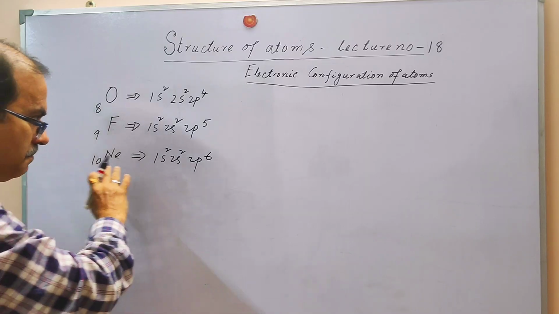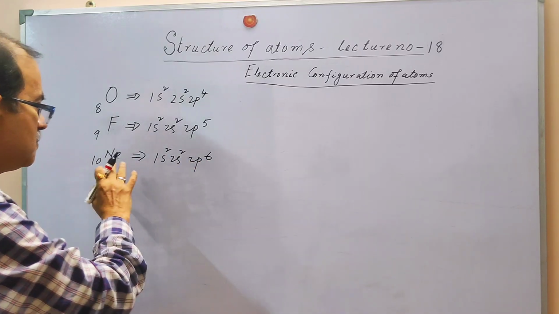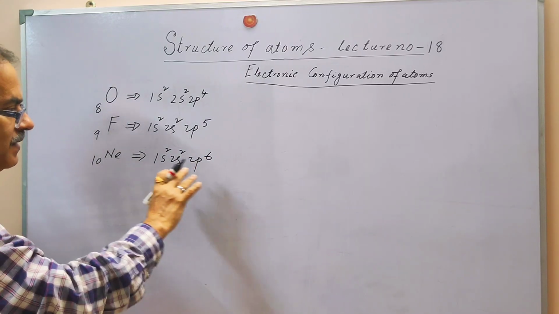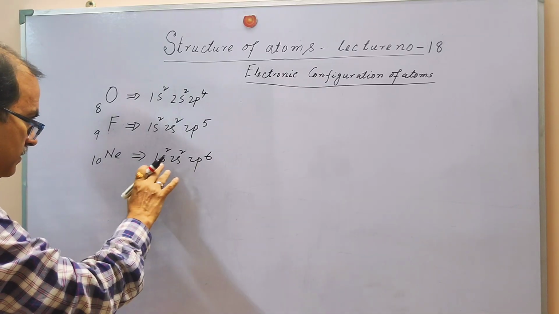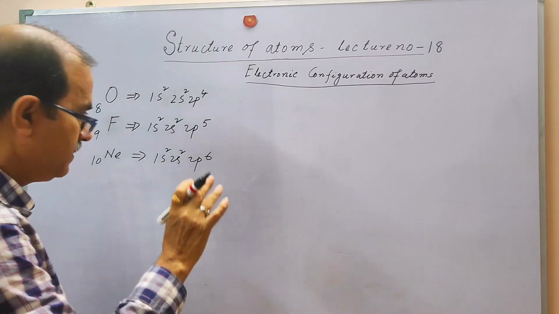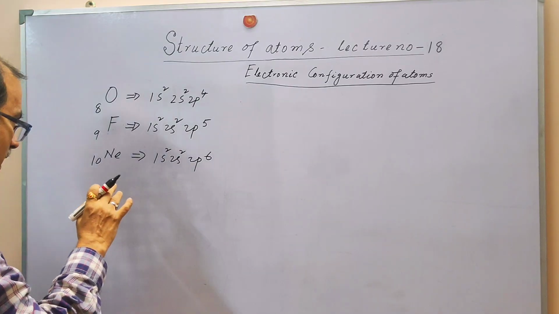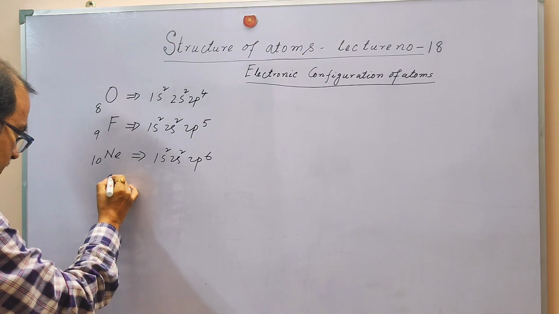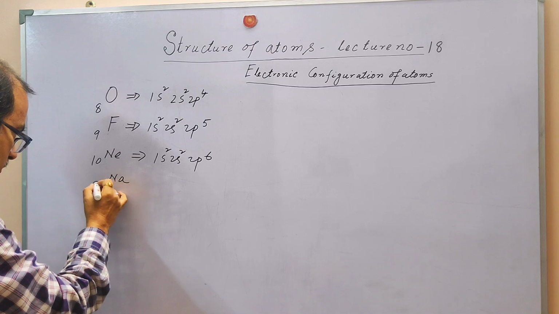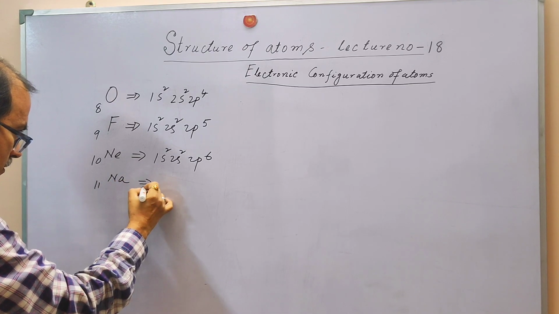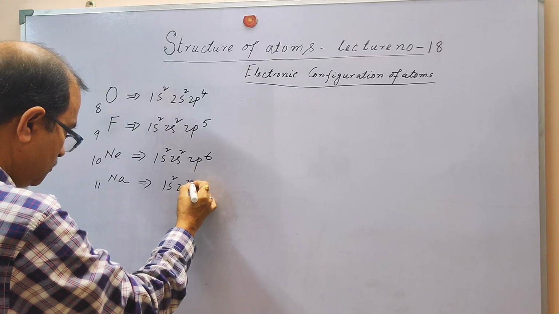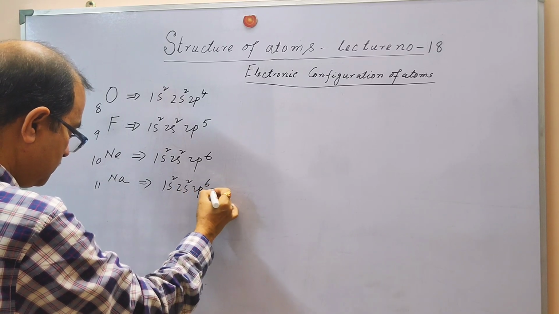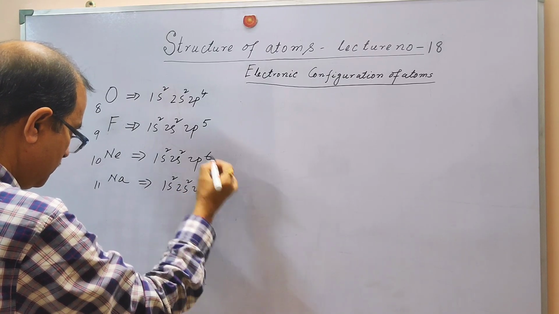You can see every subshell and every orbital available in those subshells has been filled, so it has totally filled orbitals. And the next element, sodium 11, has the electronic configuration 1s2, 2s2, 2p6, 3s1.